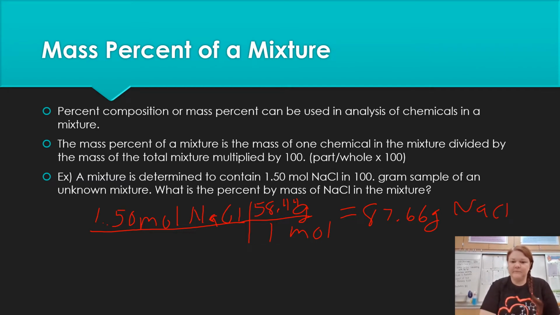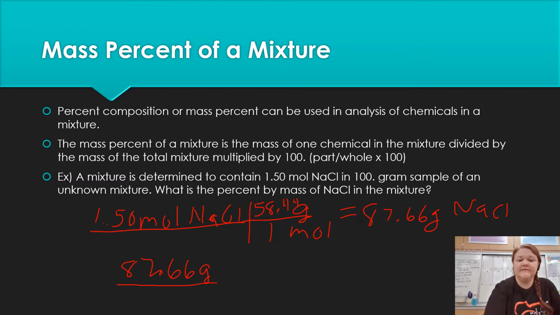Okay, 87.66 grams. So if we want to find its percent by mass, we have 87.66 grams of sodium chloride divided by our total mass of the mixture. Sodium chloride is the part we're analyzing. Our whole thing is the whole mixture, which is a 100-gram sample.